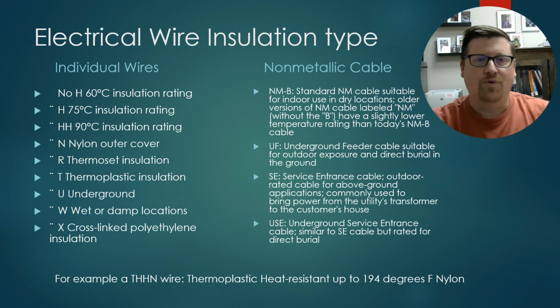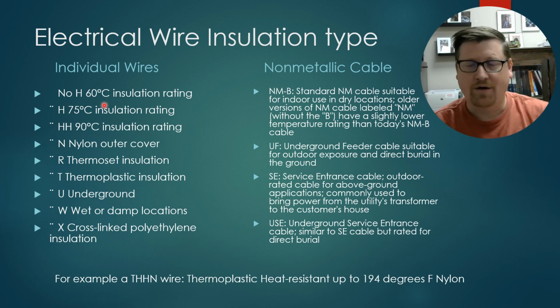If there are no H's in the code, like an SE, that tells us it is rated for 60 degrees Celsius. That's the ambient temperature rating the wire can be in without needing some kind of derating factor. It was designed for a 60-degree environment, right?